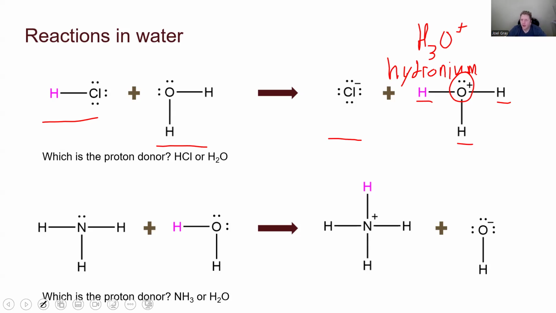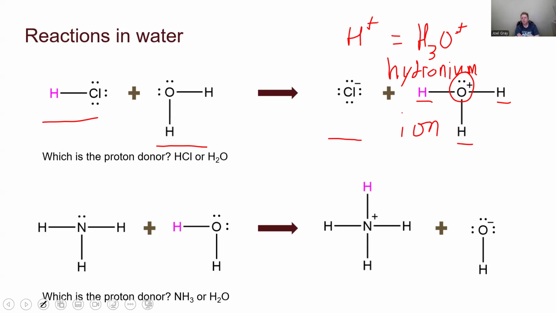Hydronium ion. Because remember, an ion is a species, a molecule with a charge. So this is an ion because it has a positive charge. It's an example of a cation. Now, this hydronium ion is used as an equivalent to H plus, because H plus is not going to exist in a solution, but H3O plus will exist in a solution.